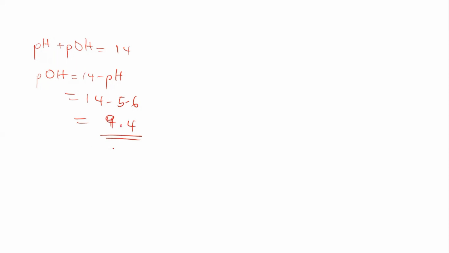Okay, now, I believe this is actually very simple. Of course, you could have as well used the formula of pOH equals minus log OH, and so you would have gotten minus log 4.0 times 10 to the power minus 9, and so that should give you 9.4.